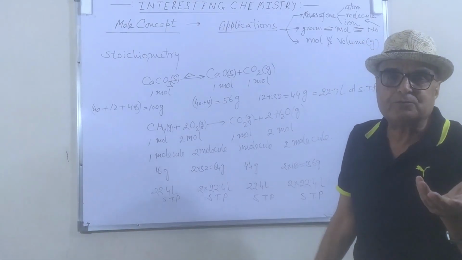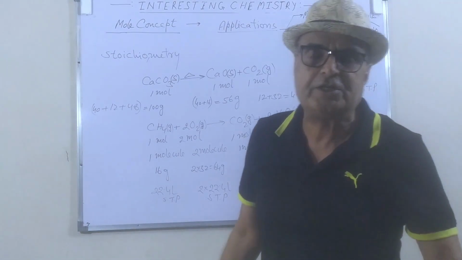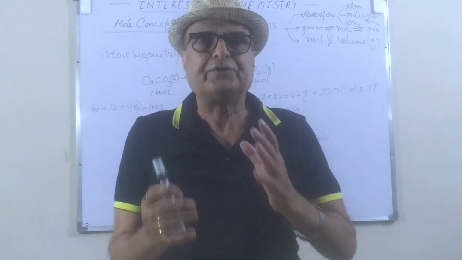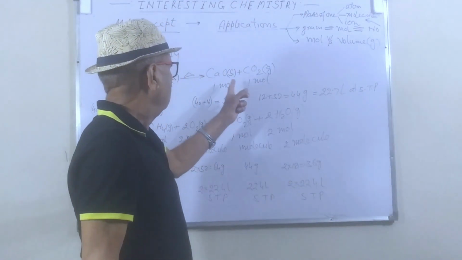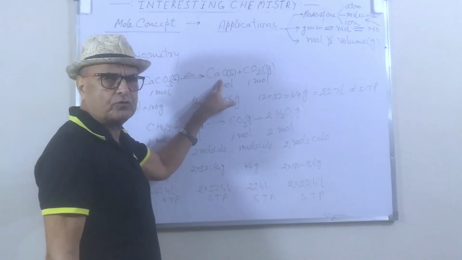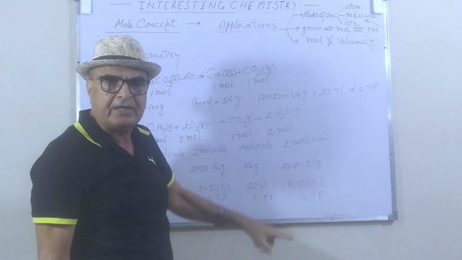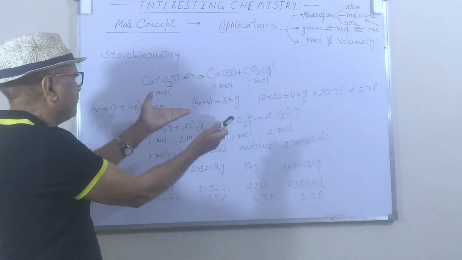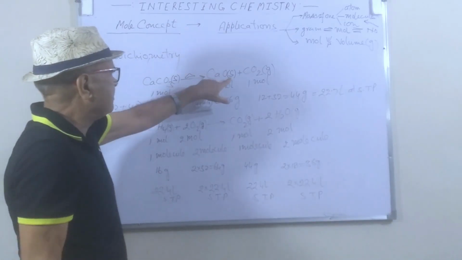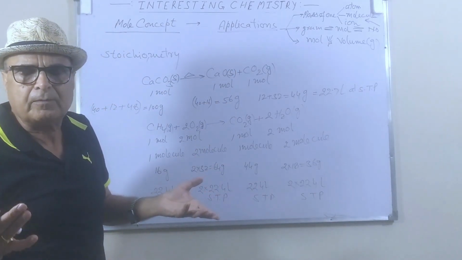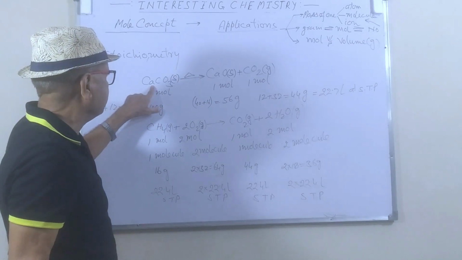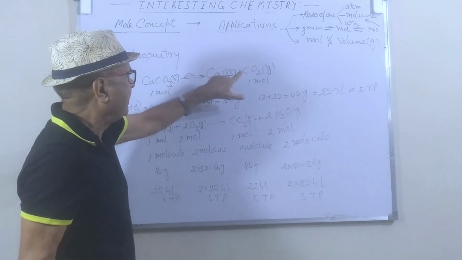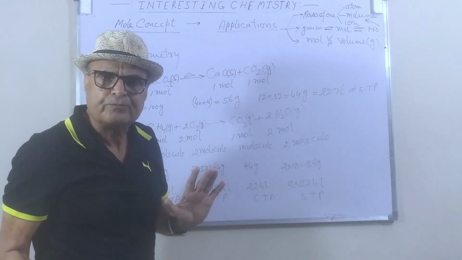When calcium carbonate, or limestone, is heated, it decomposes into lime, calcium oxide, and carbon dioxide. It's a balanced equation. Here this S tells us that calcium carbonate is solid, calcium oxide is also solid, and CO2 is a gas.